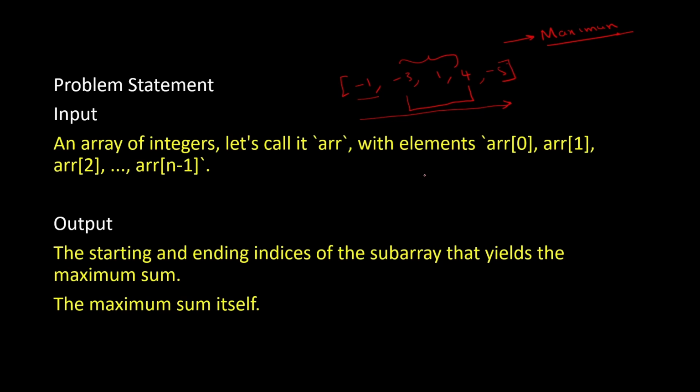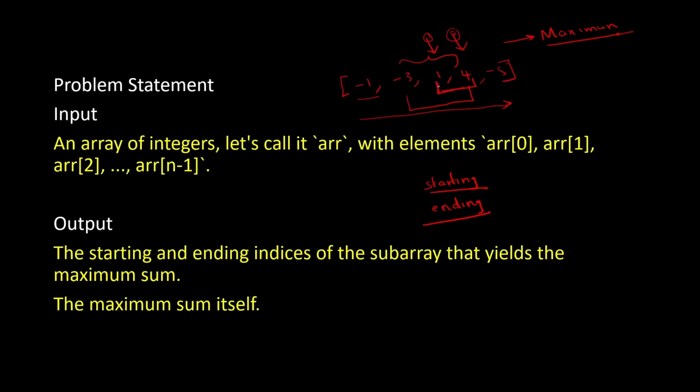Before going into the solution, the output requirements are that we need to give the starting and ending indices of the subarray. For example, if the solution is this subarray, I need to give the index of this number and the index of this number. It's the starting index and the ending index.